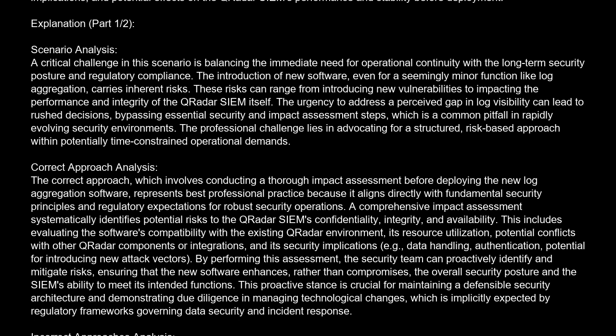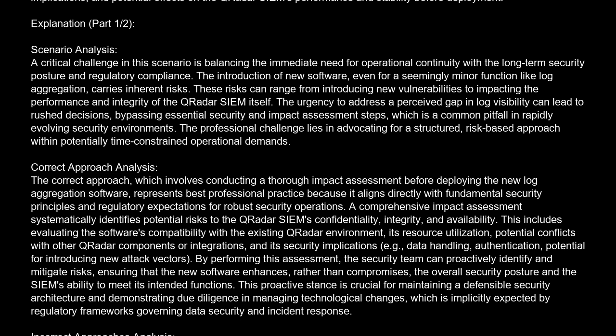Explanation. Scenario analysis. A critical challenge in this scenario is balancing the immediate need for operational continuity with the long-term security posture and regulatory compliance. The introduction of new software, even for a seemingly minor function like log aggregation, carries inherent risks. These risks can range from introducing new vulnerabilities to impacting the performance and integrity of the QRadar SIEM itself.